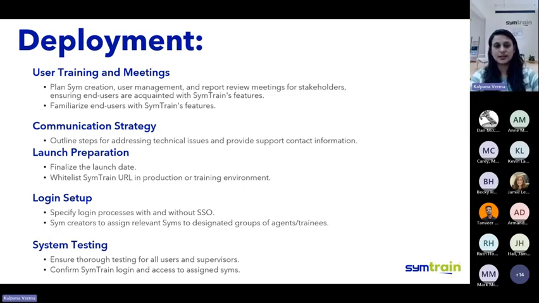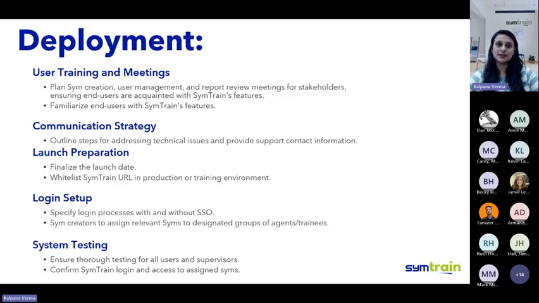Now, once that is done, you want to check whether you want to launch your program with SSO or without SSO. There's a different process with SSO and without SSO. If it is with SSO, you can reach out to SymTrain and we can help you set up SSO. If it is without SSO, you can set up all the accounts in SymTrain for your team members in bulk or individually, as you prefer.